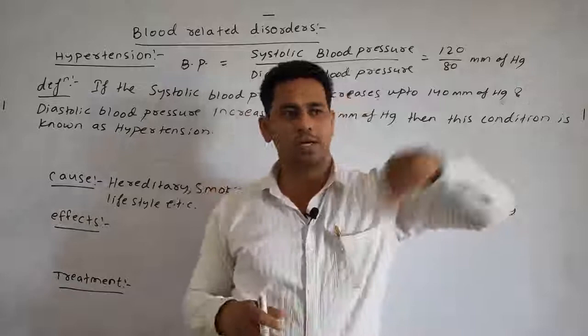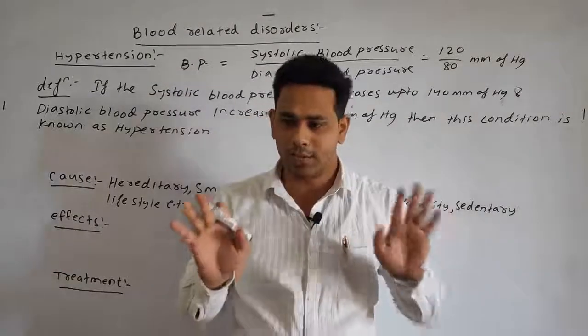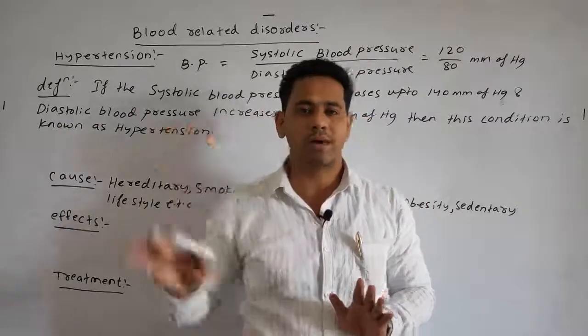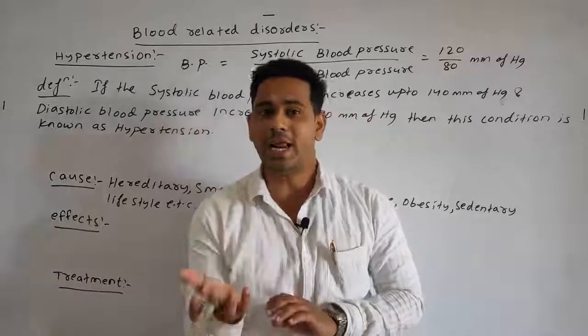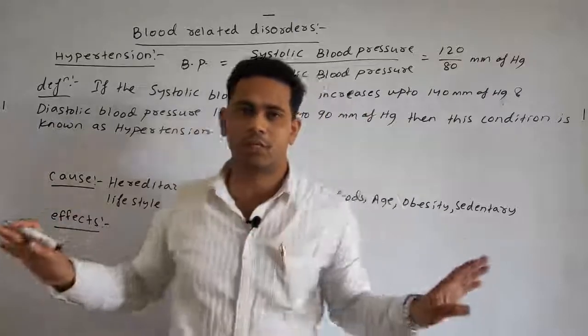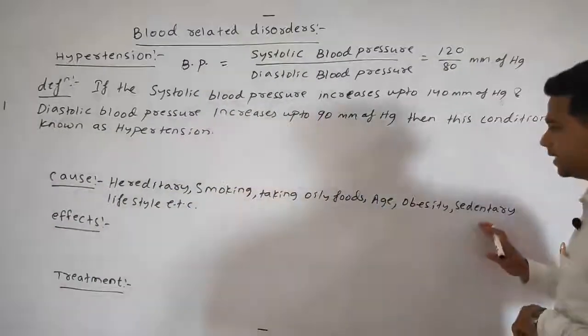He gives the orders, only sitting in his place and doing all the calculations or planning. So sedentary lifestyle means he or she sits in one place, not doing any form of physical activity.